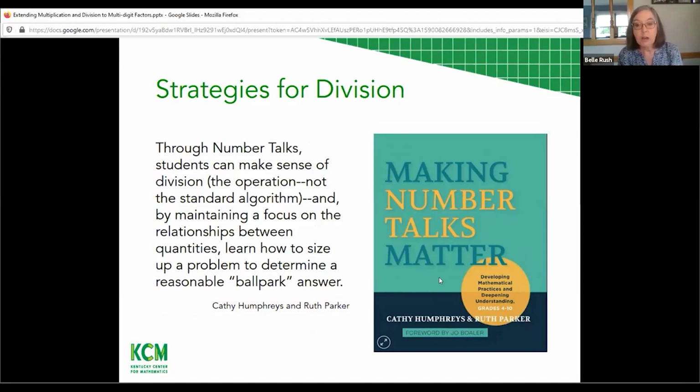The long division algorithm may not be anything they ever use in real life, but they do need to understand how division works. Through number talks, they can make sense of division, the operation, not the standard algorithm, and it helps them maintain a focus on the relationship between quantities. They learn how to size up a problem and determine a reasonable ballpark answer. That statement comes from Kathy Humphreys and Ruth Parker, the authors.